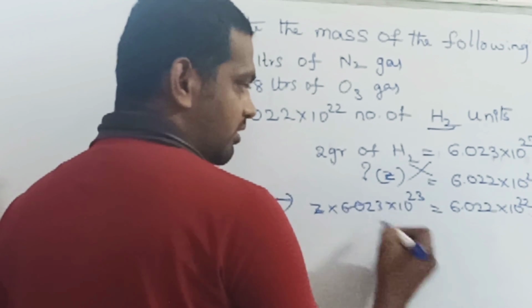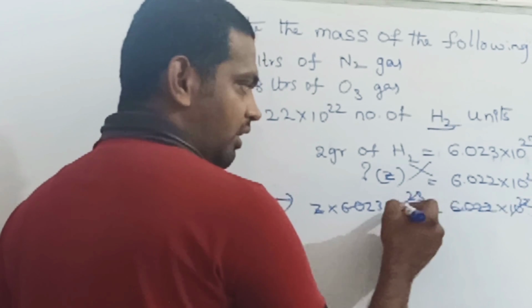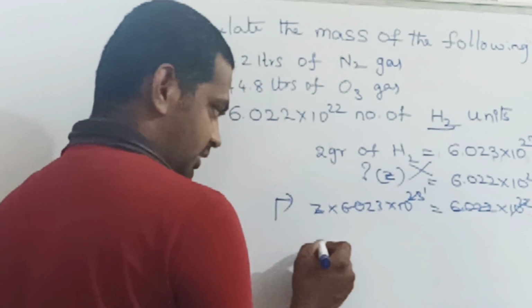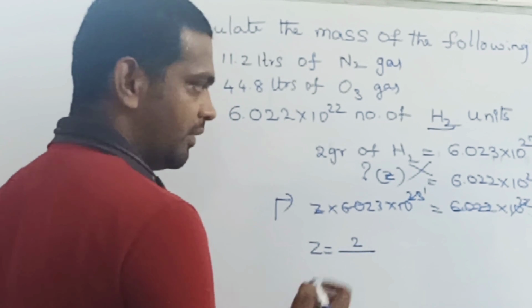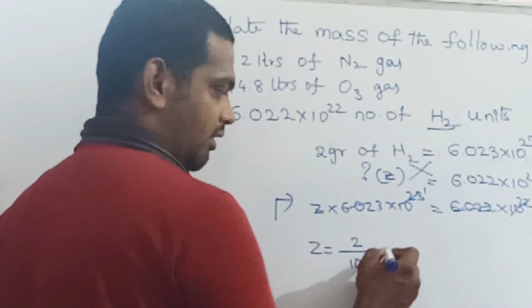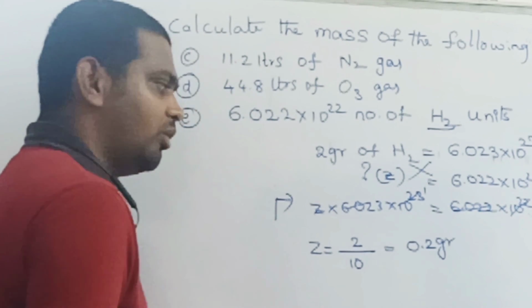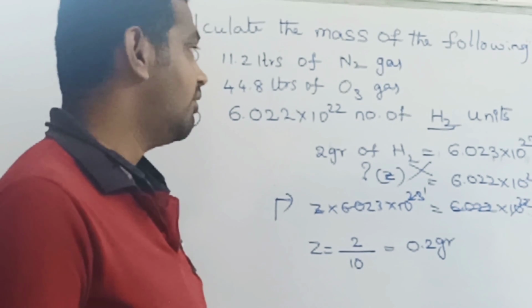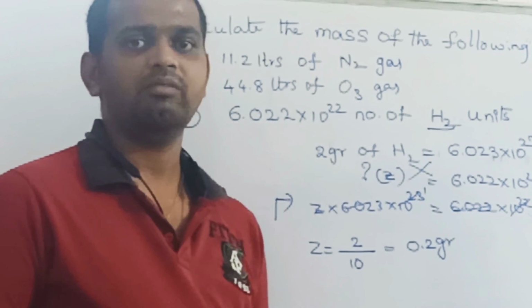See, 6.023 and 6.022 will cancel, leaving 1. So Z is equal to 2 divided by 10 to the power of 1, that is 2 divided by 10, which is 0.2 grams. So 0.2 grams of hydrogen molecules consist of 6.022 into 10 to the power of 22 molecules.